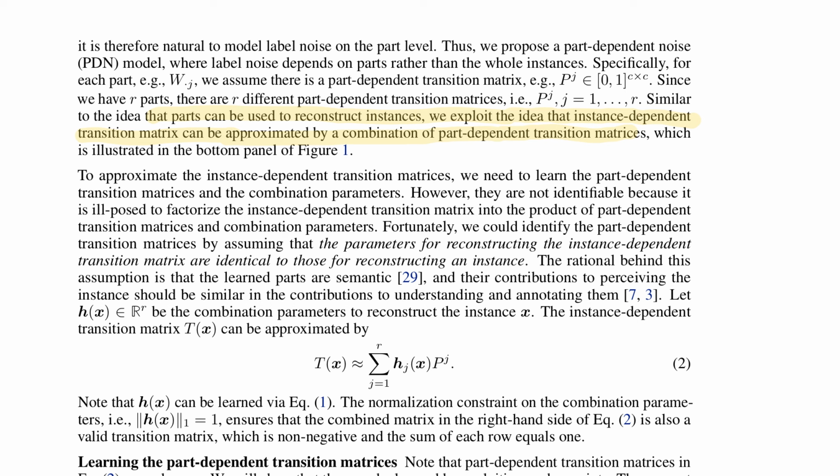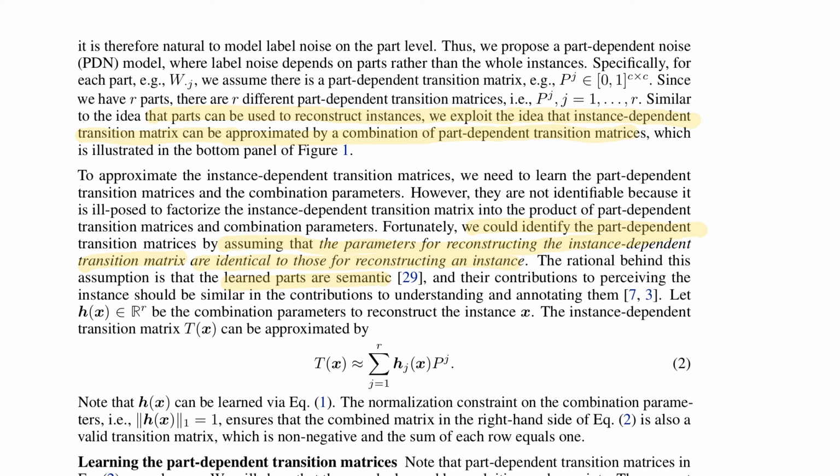One assumption they have here is that once you have the parts in the semantic space, the parameters for reconstructing the instance-dependent transition matrix are identical to those used to reconstruct the instance representation. The intuition behind that is that these learned parts use the semantic context, therefore the same composition of the actual observation has to hold for the part label noise as well.